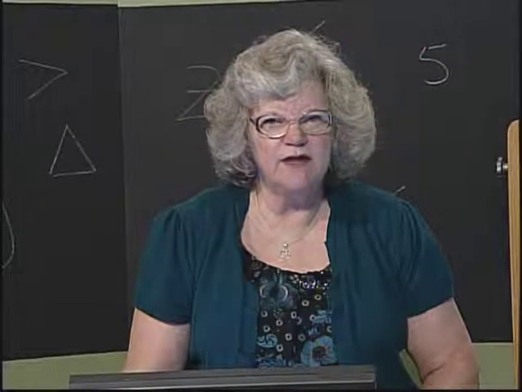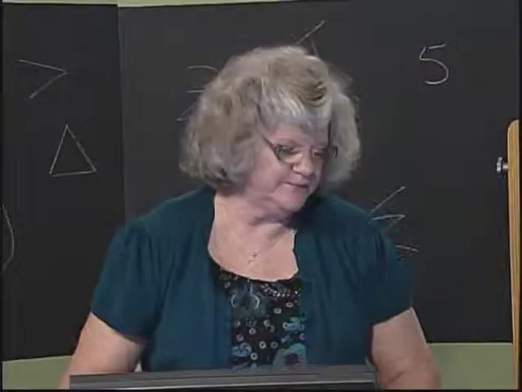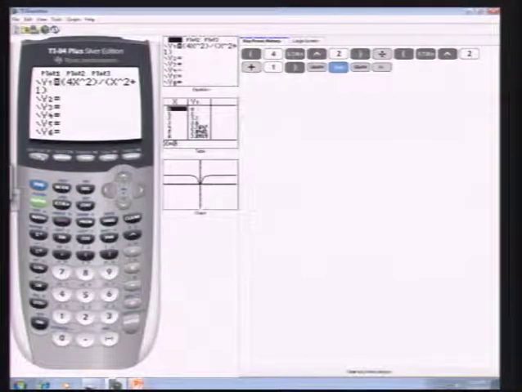Wonder what that would look like on the graph. Are you curious? Let's graph it and see. Go to y equals, and let's see, what do we have in the numerator?